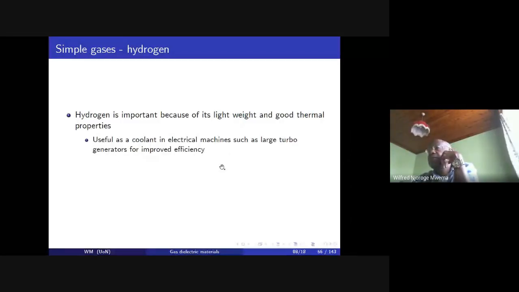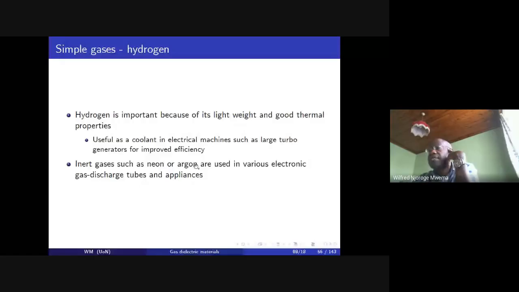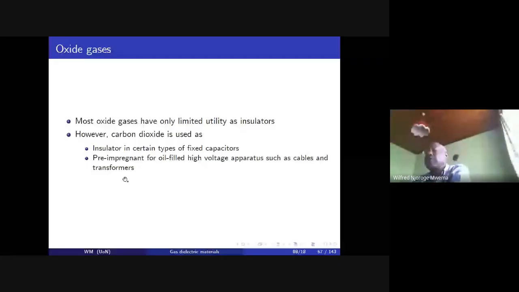The inert gases, such as neon and argon, will be used in gas discharge tubes, such as the ones producing light for signage and the like, and also other appliances. Oxide gases have use as a pregnant for oil-filled high voltage apparatus, such as cables and transformers.